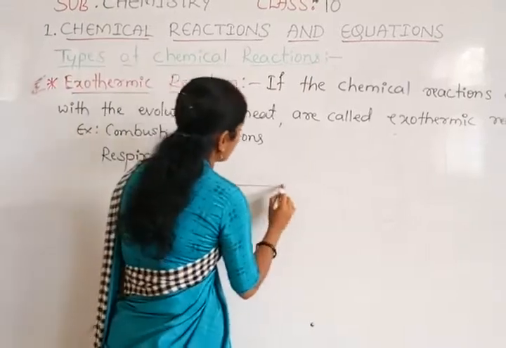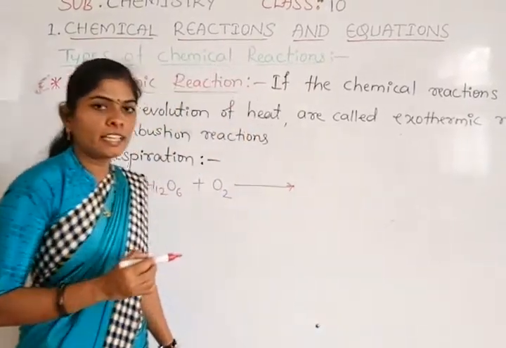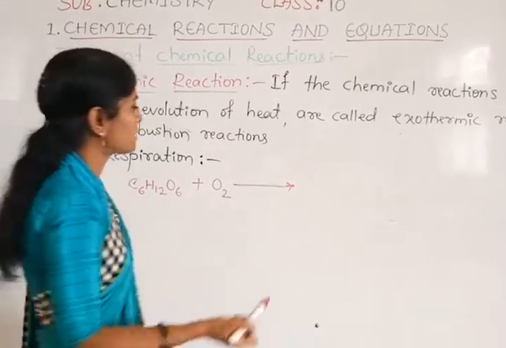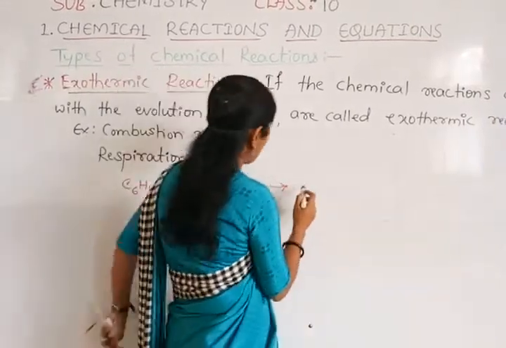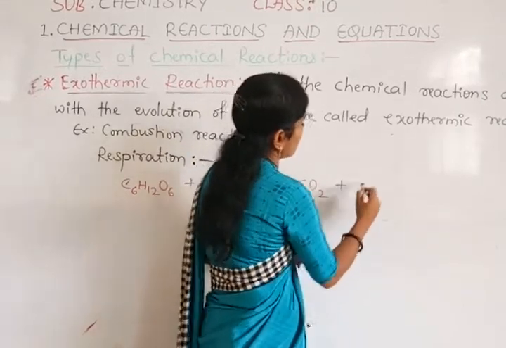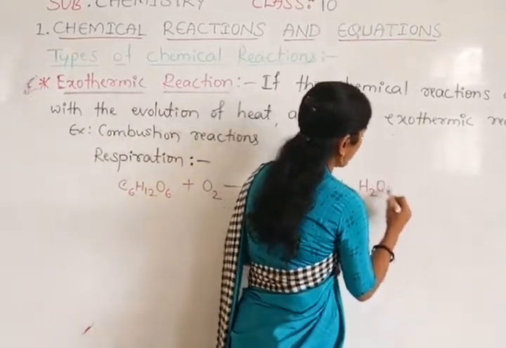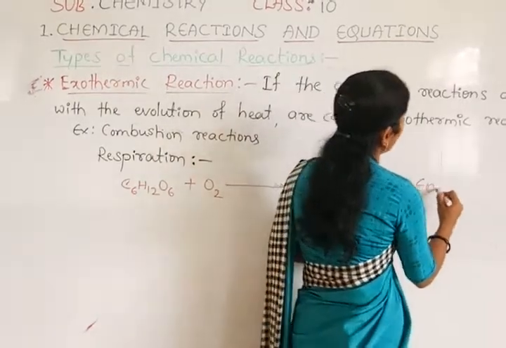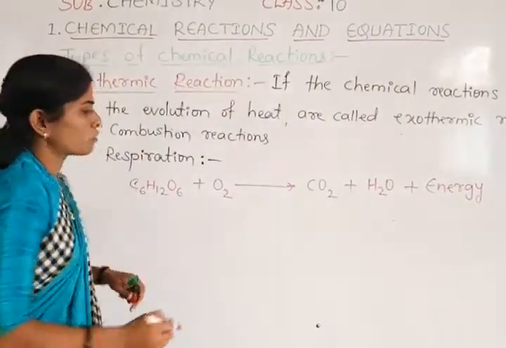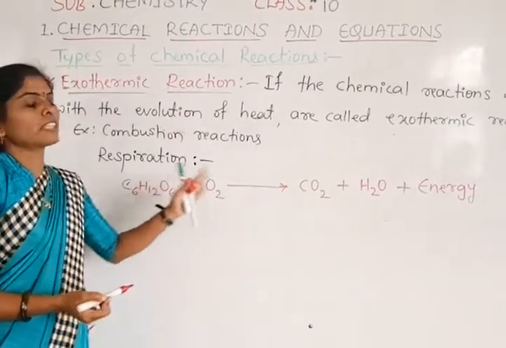When the process takes place, there the liberation of carbon dioxide takes place, with some water vapors also released. With that, the energy will be released. So this is the respiration reaction.